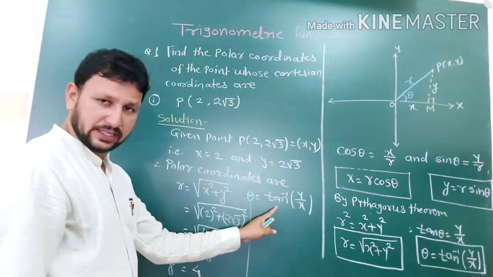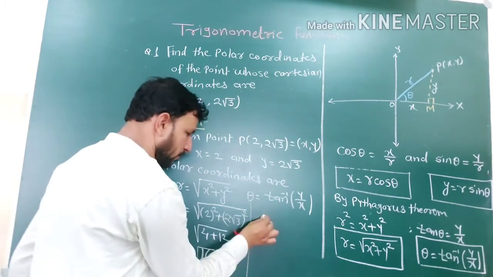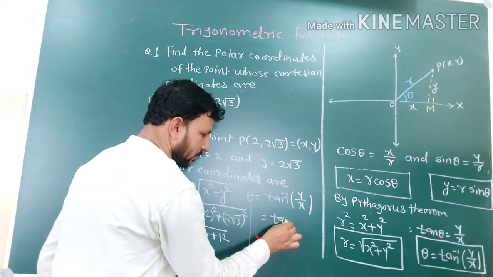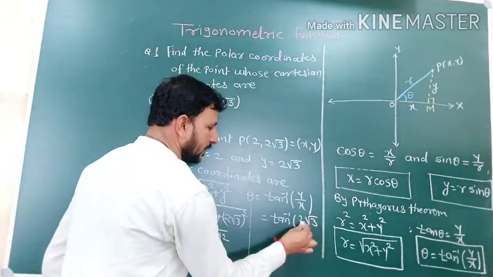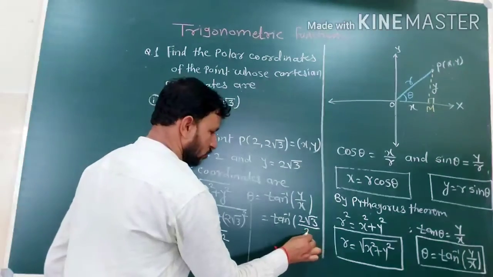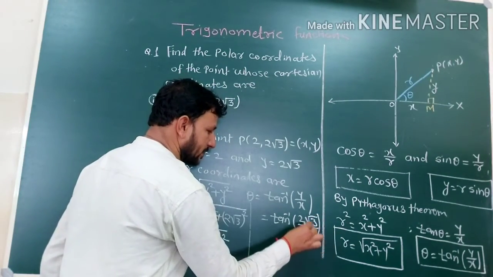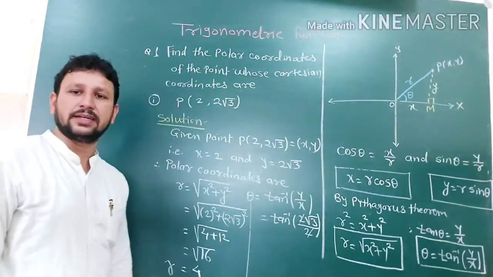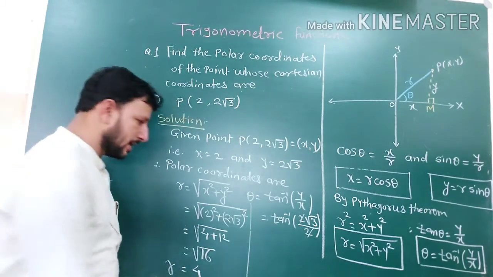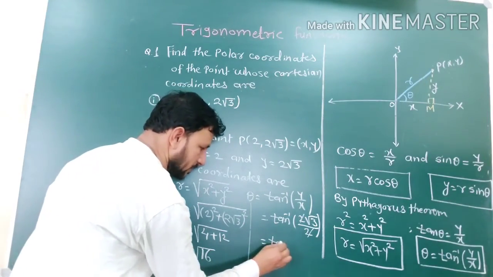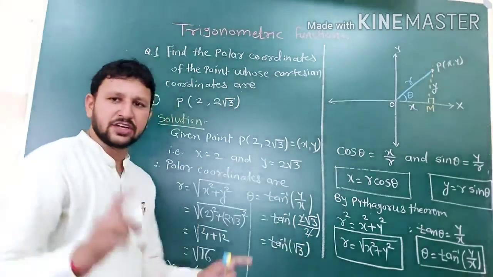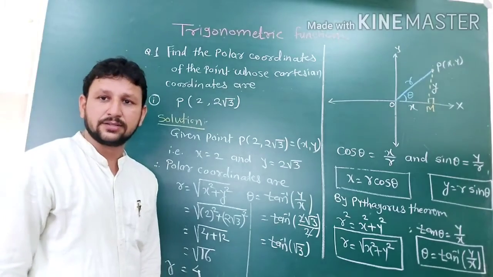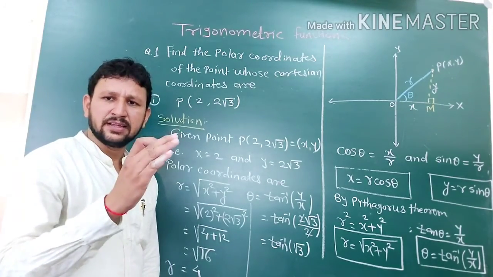Second, the value for theta, substitute values of y and x. Tan inverse of y, which is 2 root 3, divided by x, which is 2. So 2 gets cancelled from numerator and denominator. Remaining is tan inverse of root 3, and tan function is root 3 for the angle pi by 3.